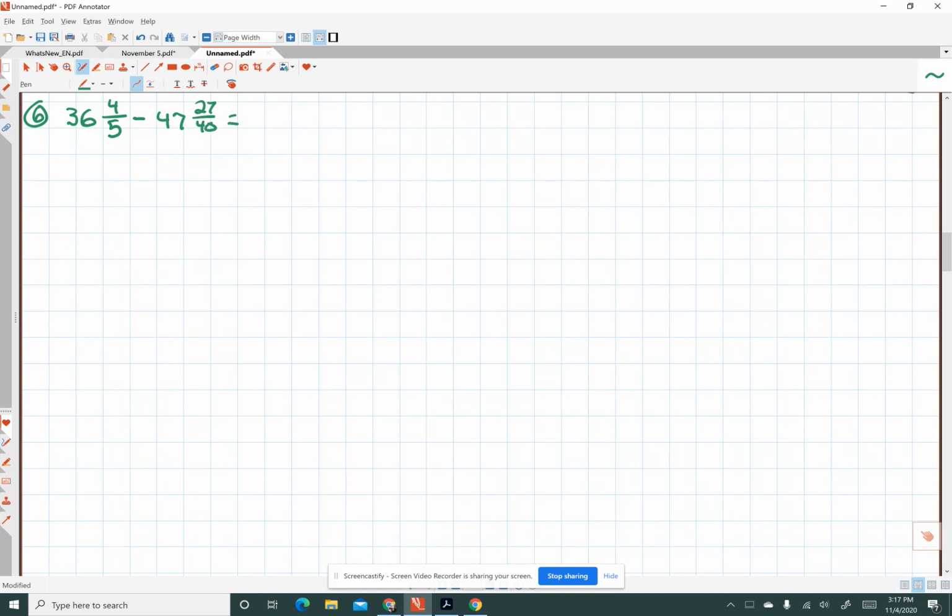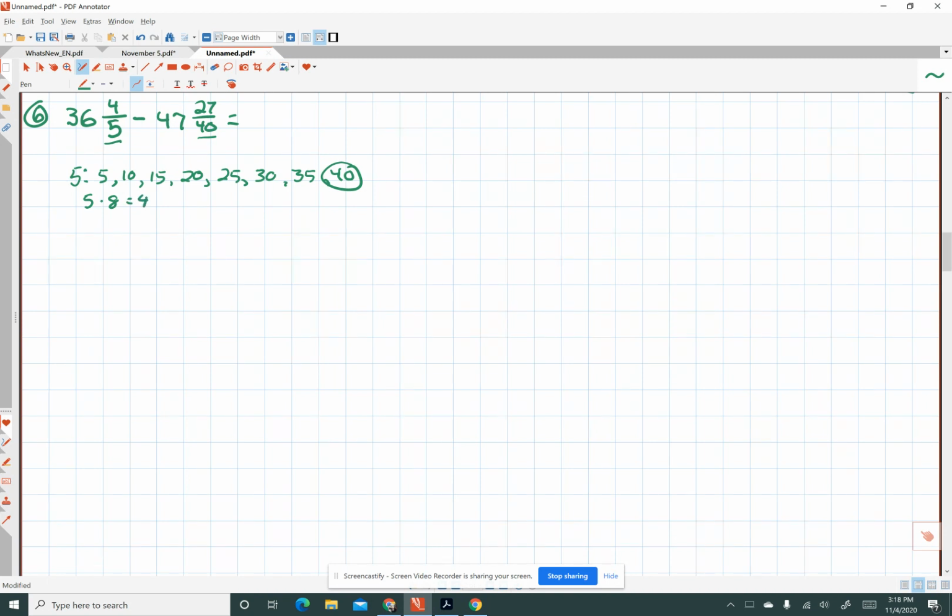Okay, do we have a common denominator? I've got a 5 and a 40. Multiples of 5 are 5, 10, 15, 20, 25, 30, 35, 40. There we go. Well, good. So it looks like 5 times 8 is 40.